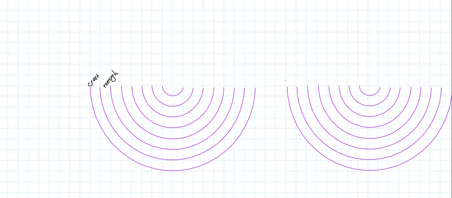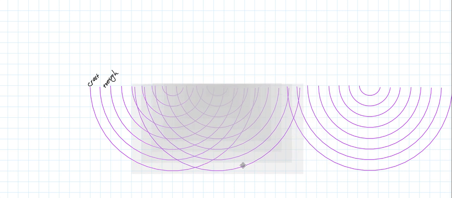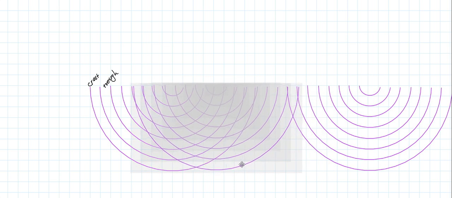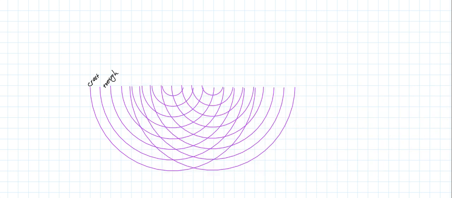Now depending on the distance that these two slits are apart, what I'm going to do here is actually move one of them, and we saw that they began to overlap pretty quickly. They were close enough to one another that they started to overlap fairly quickly. And so we get something that looks like this. And you can see that there's a distinct pattern that is formed in this image.